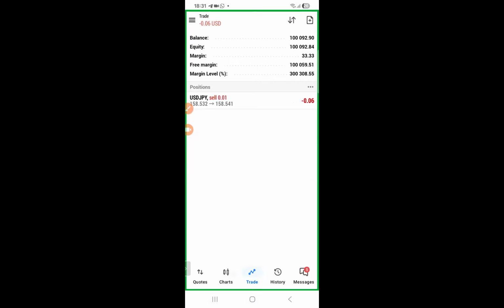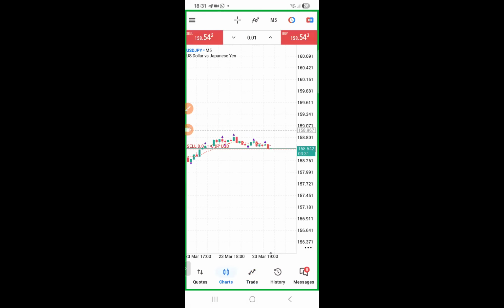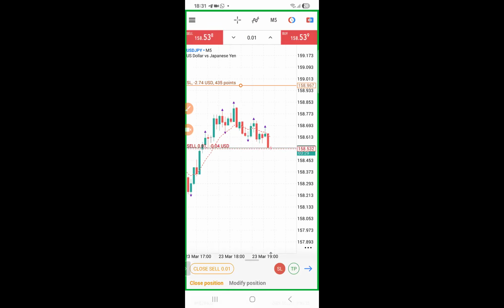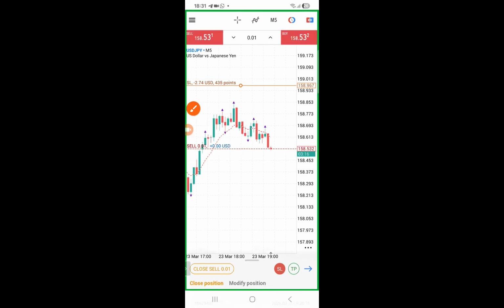Now look at it. You can see how much you're going to lose if the market goes to hit your stop loss, right? So let me tap it. See, I'm going to lose $2.74. This place is your stop loss. If I want to set my take profit, look at this one here, just tap on it.